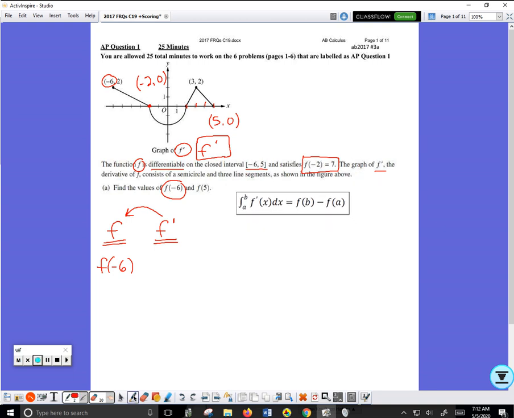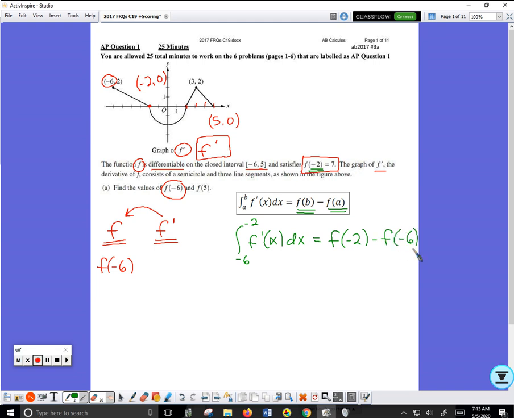And so using that, I'm going to write, let's see, if I integrate f prime, I know the value of f when x is -2. I'm trying to find the value of f when x is -6. So if I go from -6 to -2, this will be f of -2 subtract f of -6.